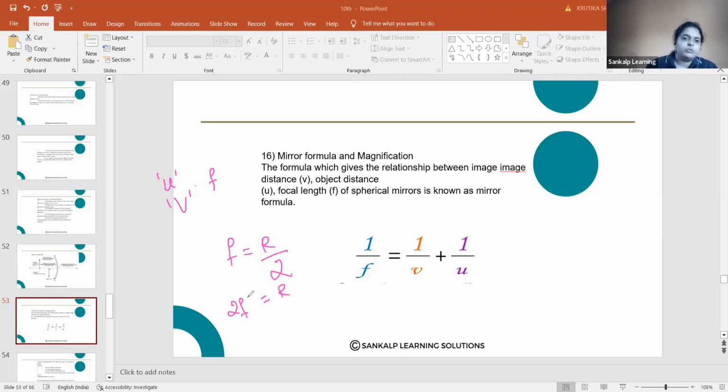This is the relation between the radius of curvature and the focal length. This formula is known as the mirror formula. So we will solve the questions based on this.